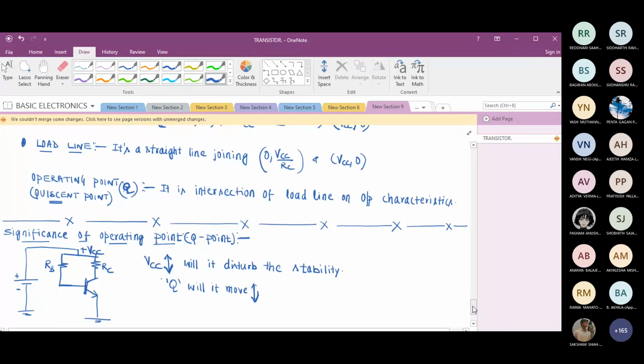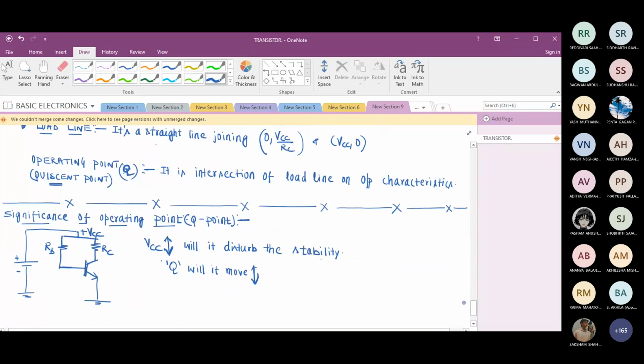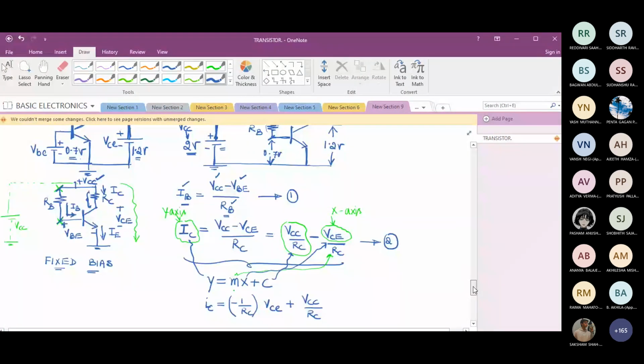Is the reason the equation of the line, sir, the load line? Yes. In the load line, the coordinates are 0 comma VCC by RC and VCC comma 0. So if VCC starts varying, the load line keeps moving up and down, right? The slope of the line keeps changing. If that is the case, will this operating point shift up and down?